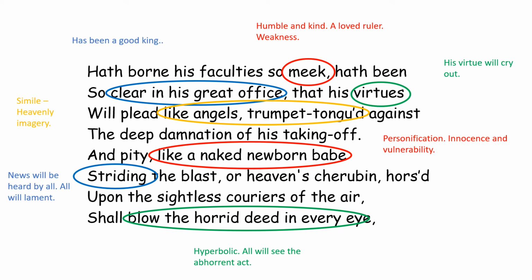"And they shall blow the horrid deed in every eye." These creatures will go out and tell every single person what's happened. They will show everyone exactly what has happened. So Macbeth is never going to be able to get away with this action. And he knows that. He knows that if he takes this step, he won't be able to untake that step. You can only do it once, you can never take it back.